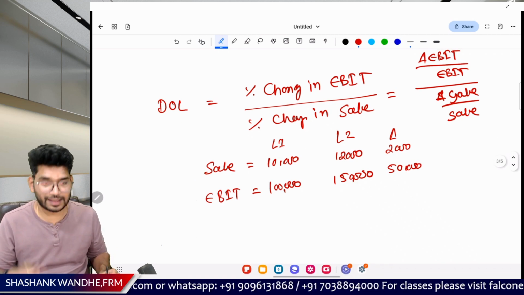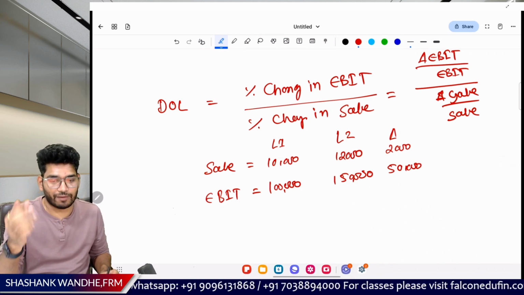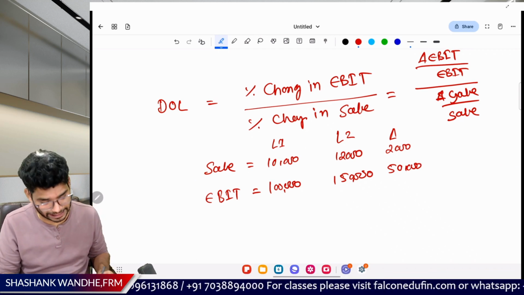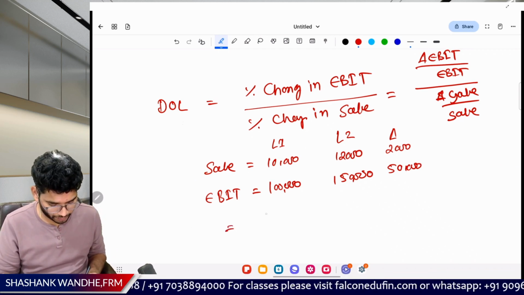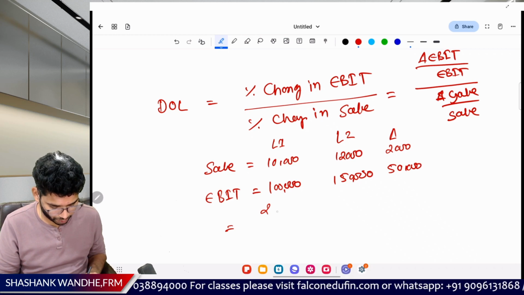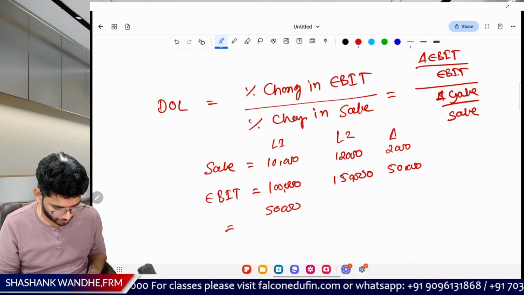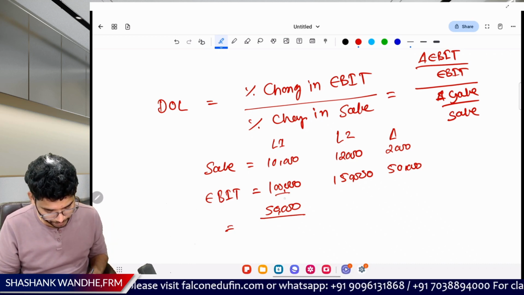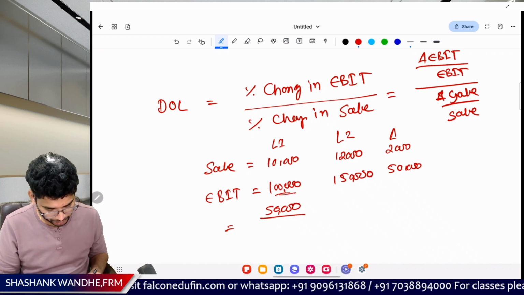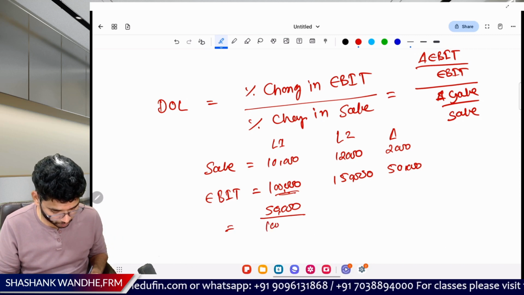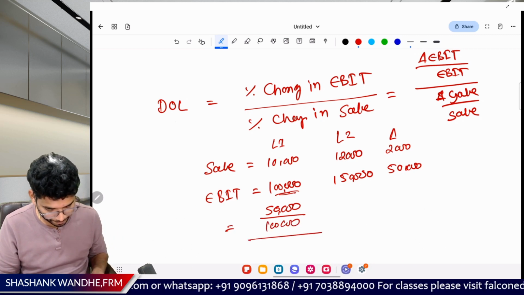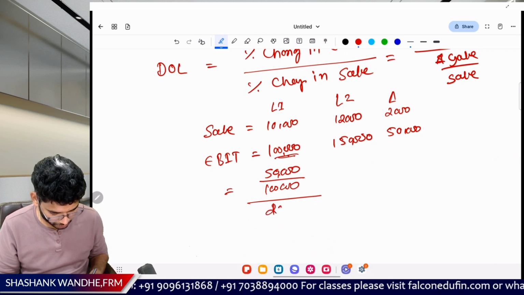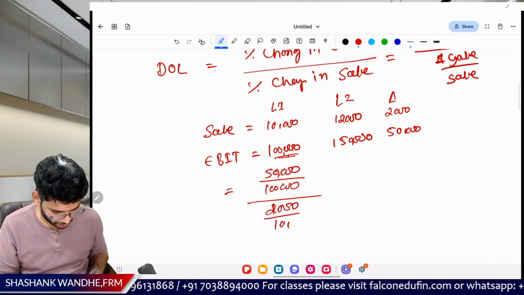So simply solve this. Percentage change in EBIT divided by percentage change in sales. So you will get 50,000 divided by the initial level of EBIT, 1 lakh, divided by 2,000 divided by 10,000.